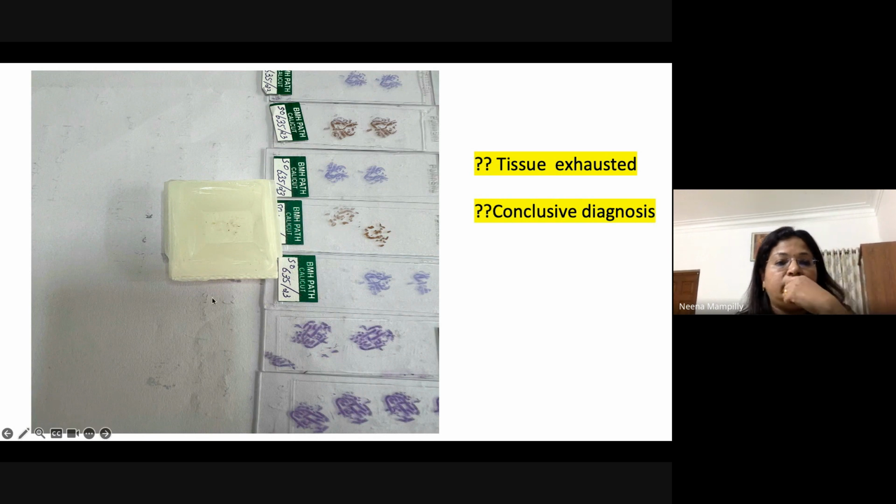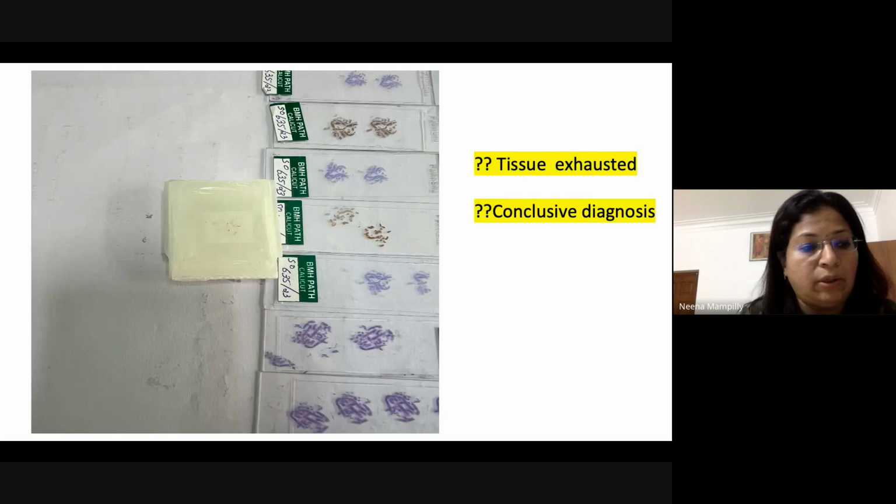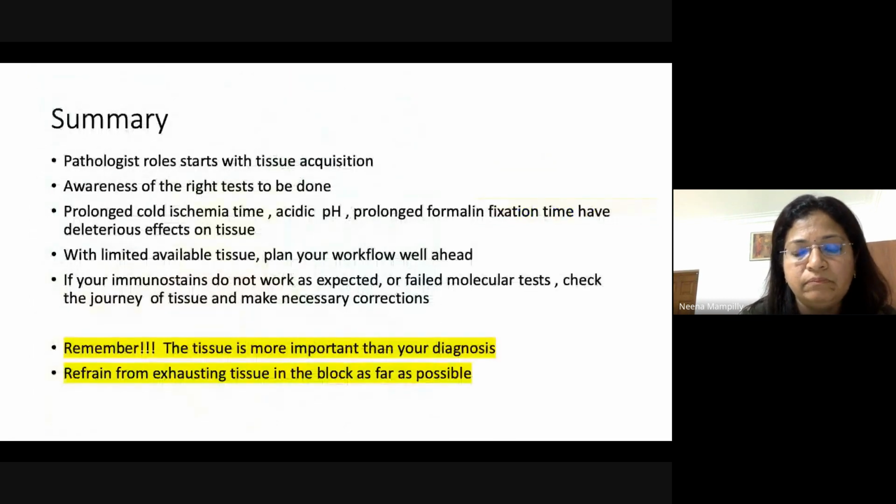So, working with limited tissue, I feel, requires a lot of planning your workflow well ahead. What are you going to anticipate? Will you get the diagnosis at the end of the whole thing? Have you made your tissue into several blocks so that you can work with one block and leave the other block in case tissue needs to be retained?